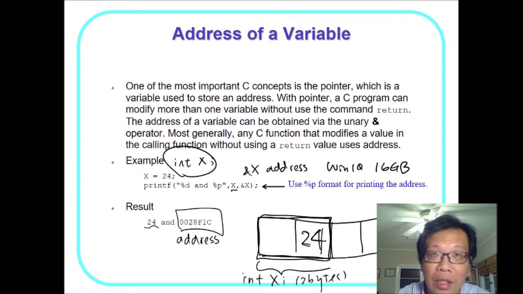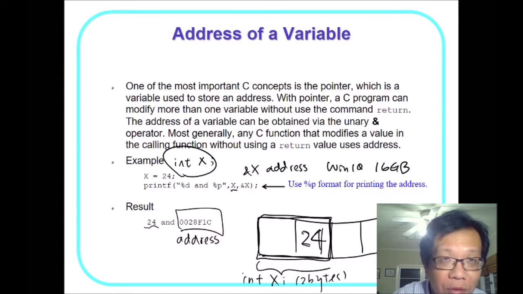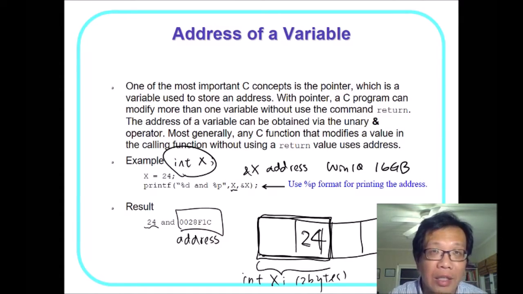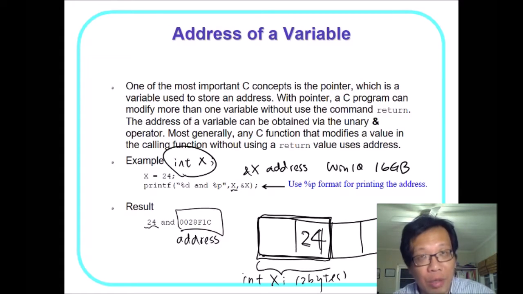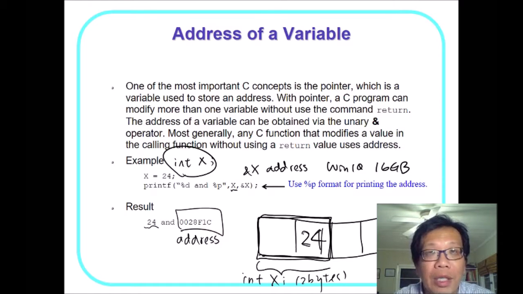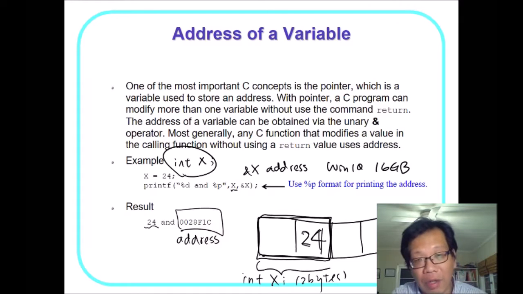Just like if you want to build a house, you need to reserve a lot, and this lot has its own number on a 2D plane in your town. So this is similar. Every time we turn on the computer, the number of memory locations has been determined, and each lot gets its own number.